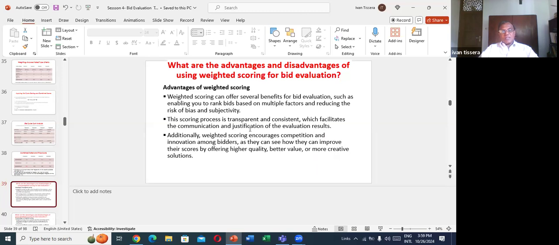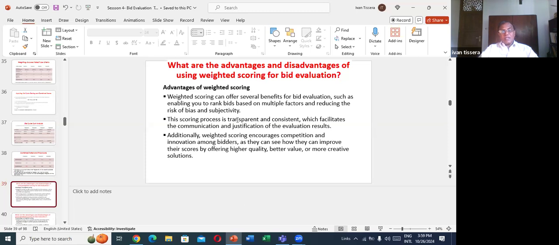This scoring process is transparent and consistent, which facilitates the communication and justification of the evaluation result. That is also okay. Everything we have disclosed in the document, how we give marks, the criteria and sub-criteria, and using the formula, everything is transparent.